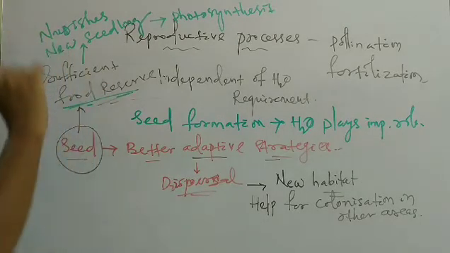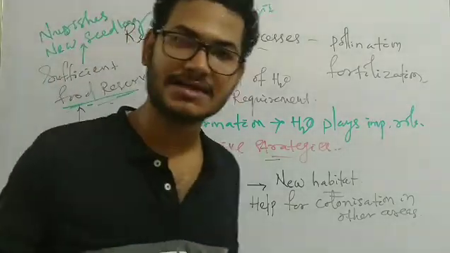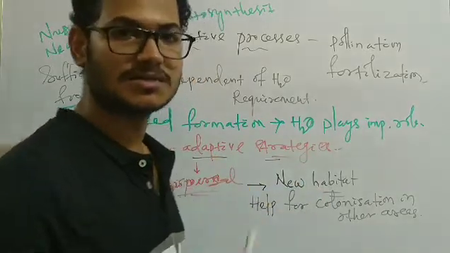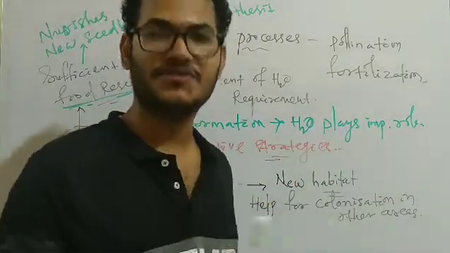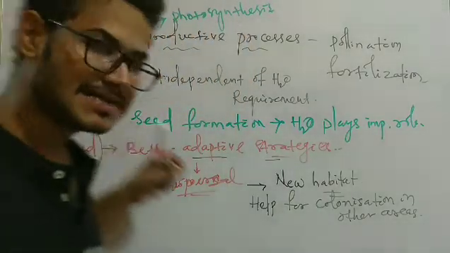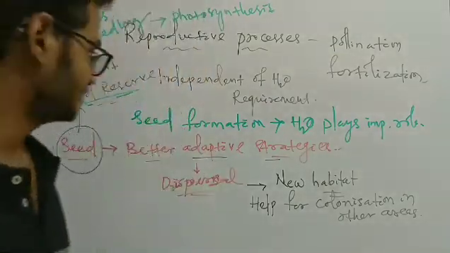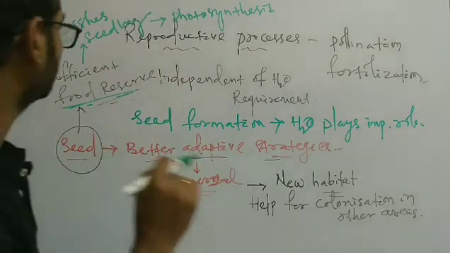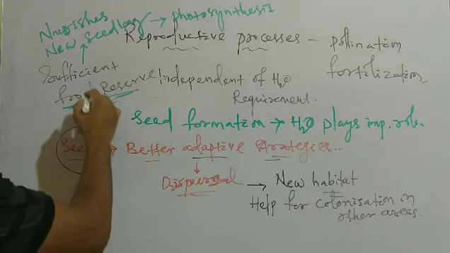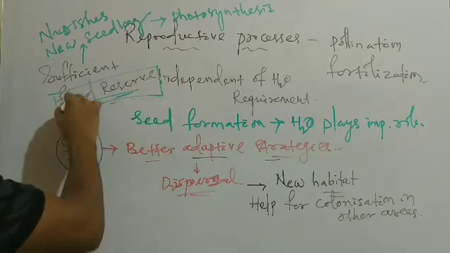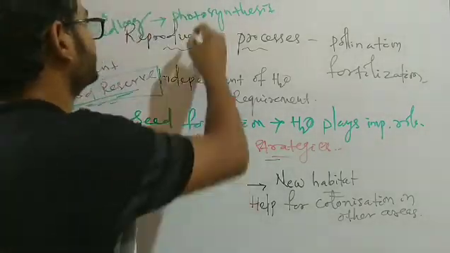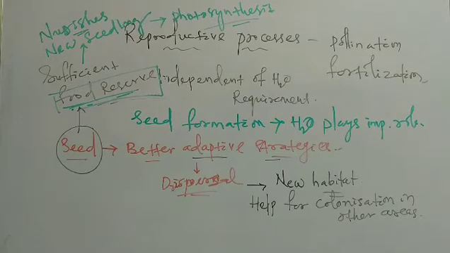So this reserve food, which supplies nutrients to the dry seed, which is in its dormancy period or inactive period, where the metabolic activity is reduced, so that fewer nutrients are required for the seed, but that requirement is filled by the food reserve, which nourishes the new seedlings till they are capable of photosynthesis.